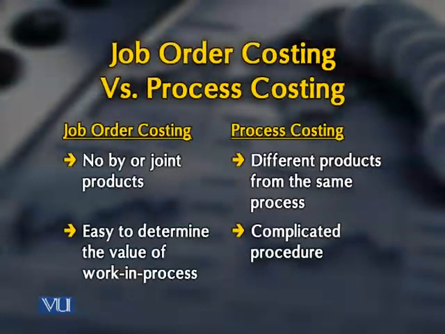Then in job order costing, it is easy to determine the value of work in process. For example, you started a project and it is not yet completed, so whatever cost is incurred up to that stage is work in process. But in process costing, it's very difficult to get the work in process cost. Normally, as an auditor, we go at the end of the year and try to find out what the process cost is, how much cost is in process.